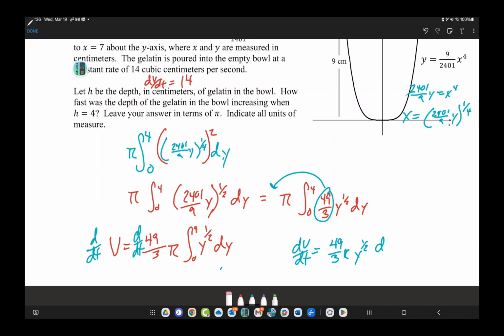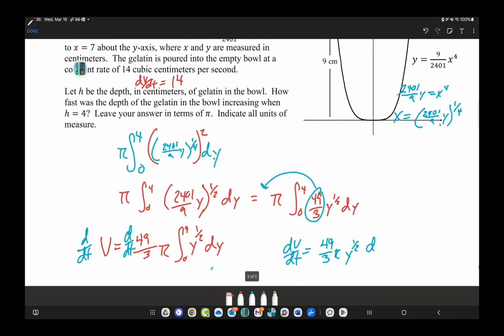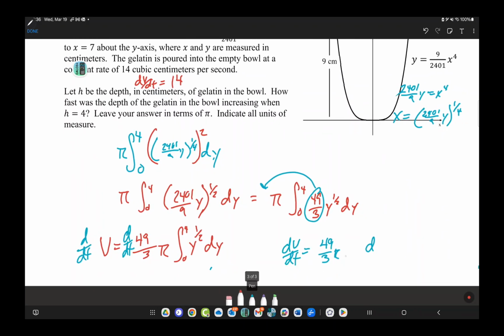What's going to happen to the y? It's going to become square root of 4, dy/dt. Where did the square root of 4 come from? Because I actually have an upper bound here. Yeah, I still have to plug it through the integral.